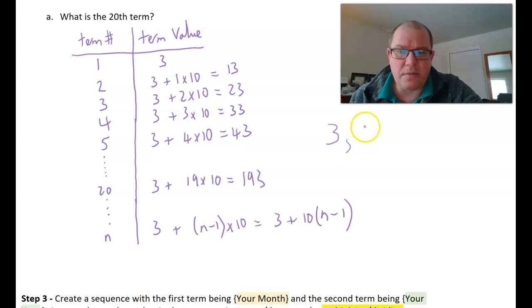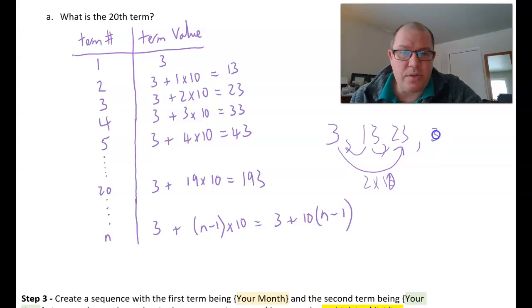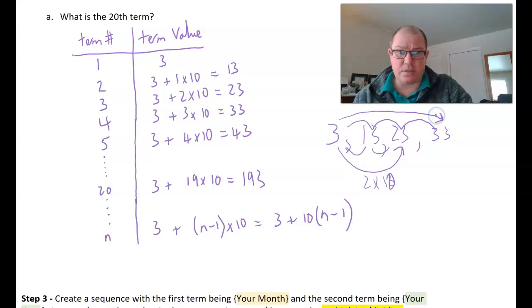I add one lot of 10 to get 13. Then to get from 3 to the third term, I add 2 lots of 10. So I've added 10 there and 10 there, 2 lots. To get to the next one, 33, I start with 3 and I add 1, 2, 3 lots of 10.